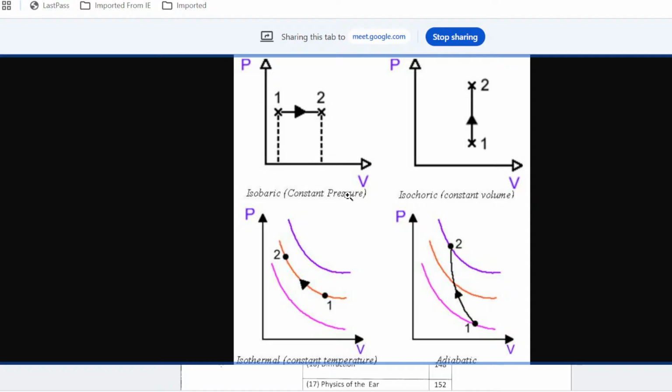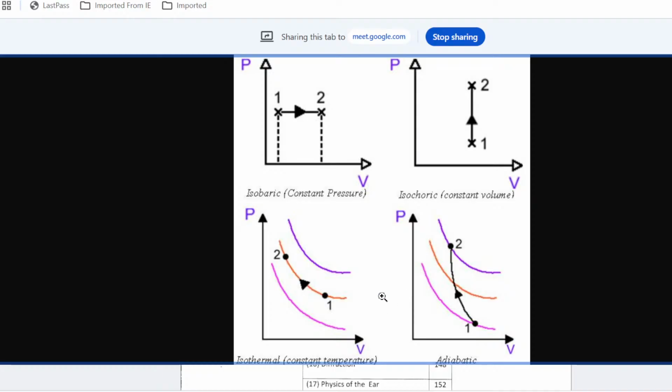If it's constant pressure, P is on the y-axis, so we expect the line to be straight and horizontal. If it's constant volume, then it's going to be vertical. You have isothermal and adiabatic. They kind of look similar, it's just that one is steeper.